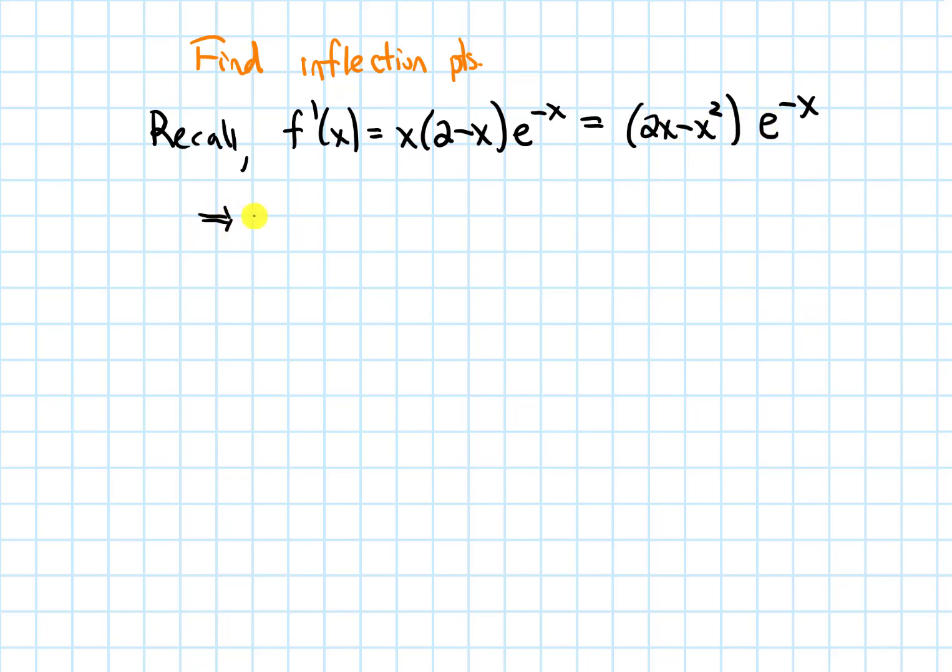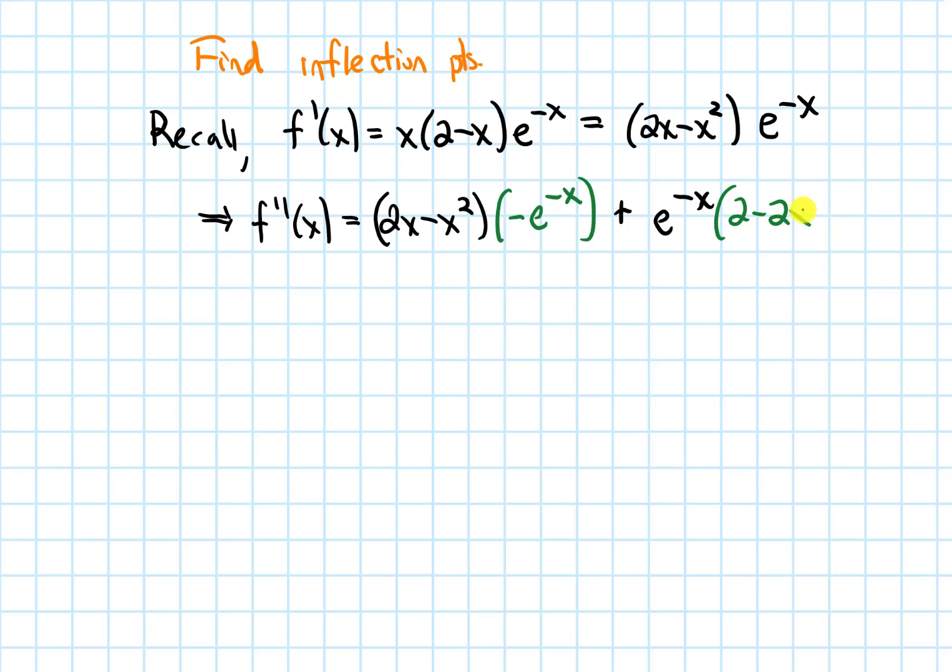All right, so when I do the second derivative and I do some product rule, I get the first function, 2x minus x squared, times the derivative of the second with chain rule, that's e to the negative x times the derivative of the exponent, which is negative 1. So I'll just write that negative in front. And then plus the second function, e to the negative x, times the derivative of the first, which is 2 minus 2x. And now let's factor.